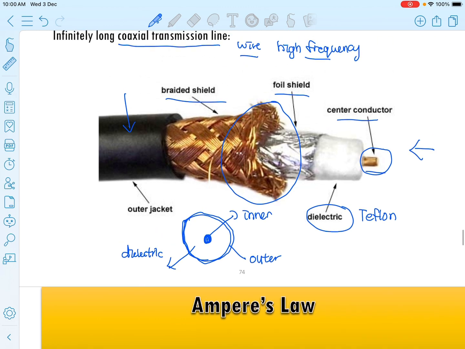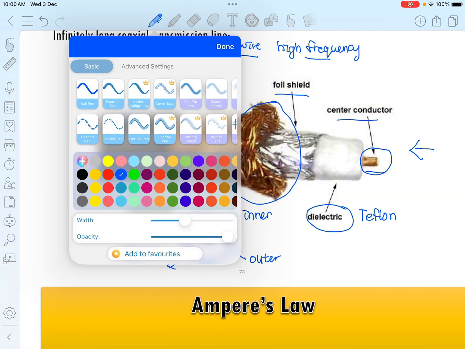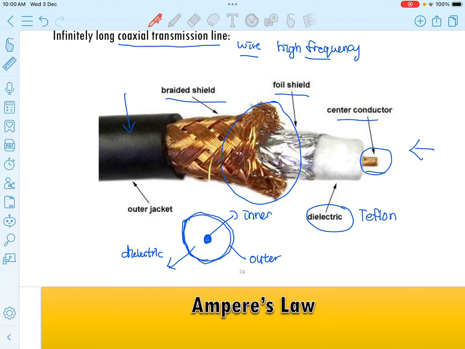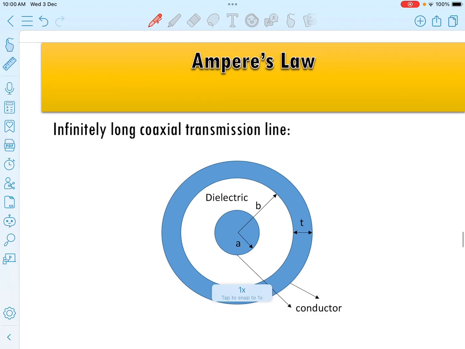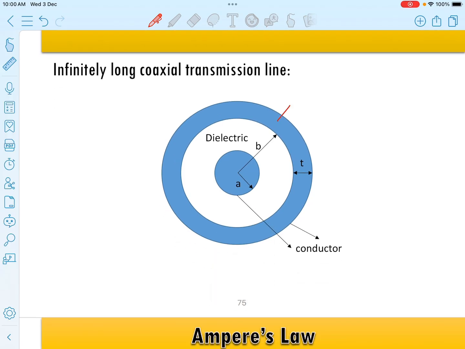We are going to see how to use Ampere's law to determine the magnetic field at different regions. This is the outer conductor, and this one is the inner.